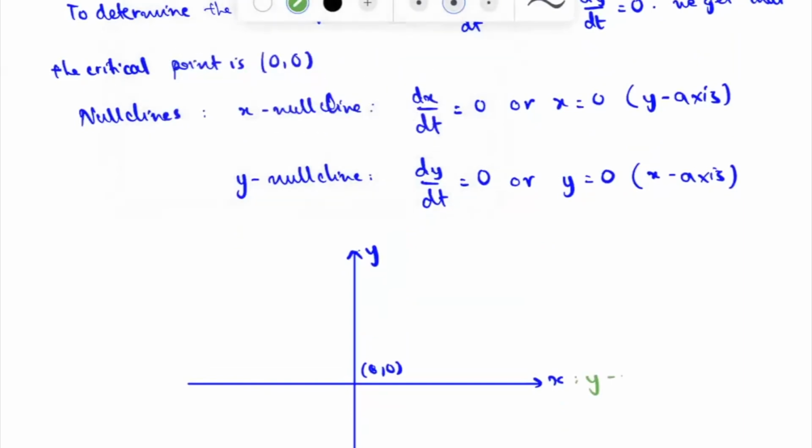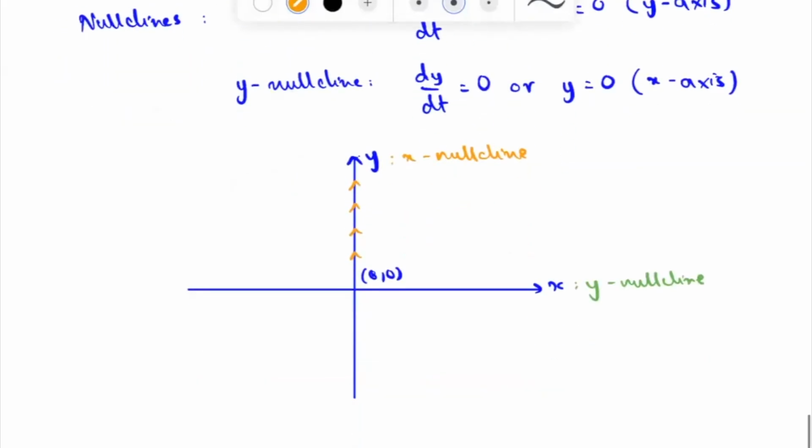This is the y nullcline. This is the x nullcline. For the x nullcline, it depends on x. So when x is positive, the derivative is positive. So therefore, it's increasing, right? So it diverges away from the origin. When x is negative, it diverges away from the origin as well, but toward the negative side, like that.